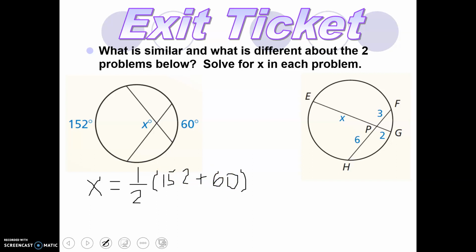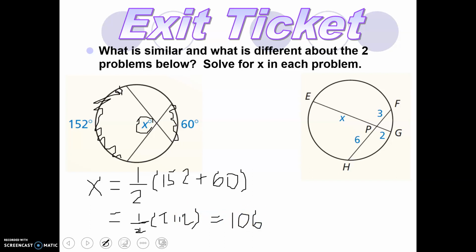So this angle here is equal to 1/2 the sum of these two outer arcs. We're going to add these up. I have my calculator here to speed up my work. We get 1/2 of 212. Again, I apologize for the writing, still getting used to this. And you're going to get a value of 106.